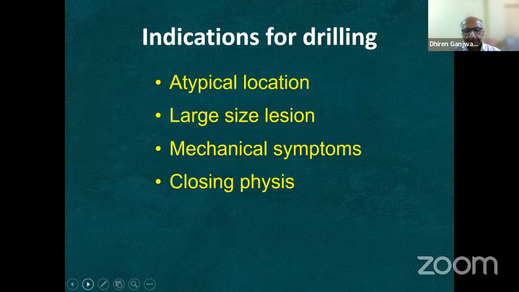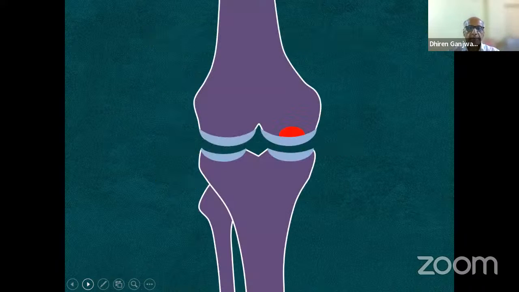Or once we approach the physis, or when we come to the end of the growth phase, these are also indications for drilling. So what do we do in drilling? Now in this animation, the color of the cartilage is changed. So please understand that there is no problem with the cartilage, just the color is changed.